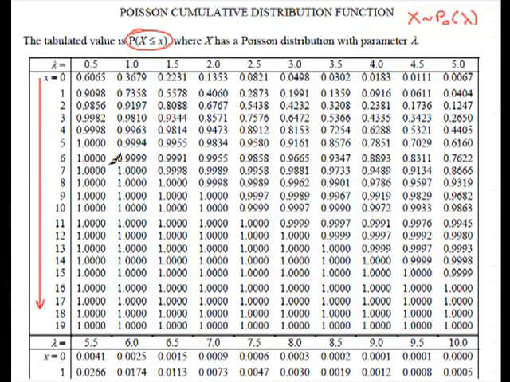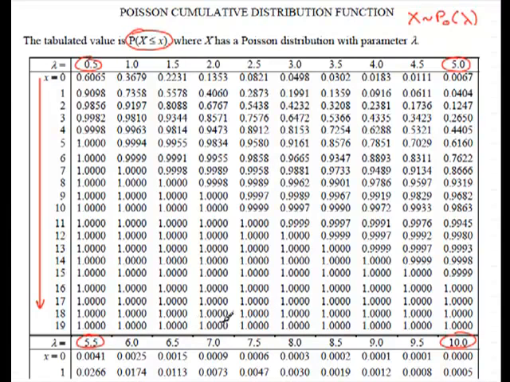The values of lambda that are tabulated range from 0.5 all the way up to 5, and there's also another row that takes lambda from 5.5 all the way up to 10.